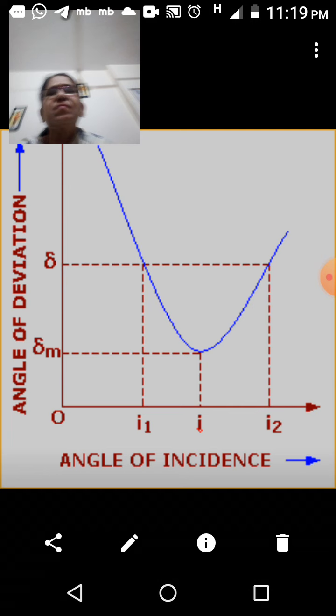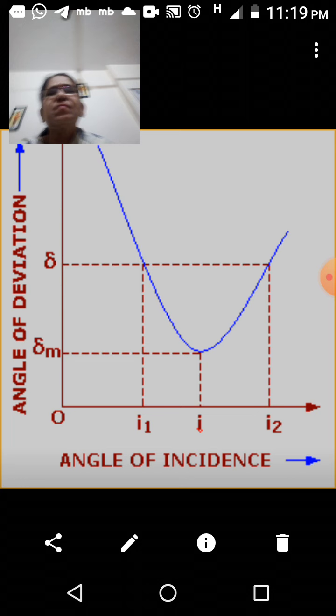If the angle of incidence is increased beyond I, instead of a decrease in the angle of deviation, the angle of deviation begins to rise again. So there is a minimum value for the angle of deviation.